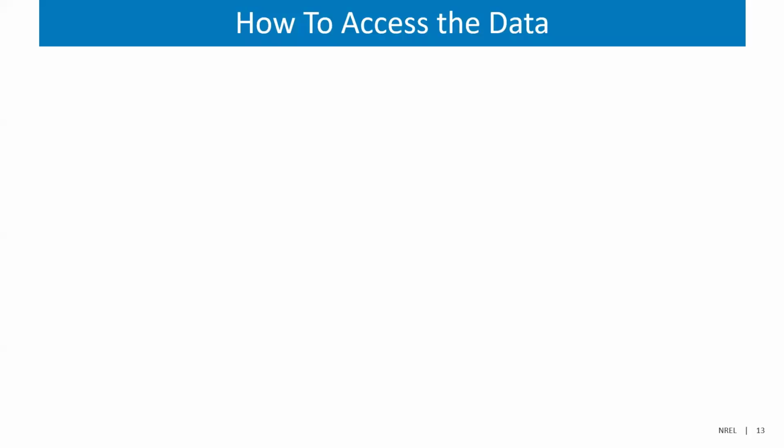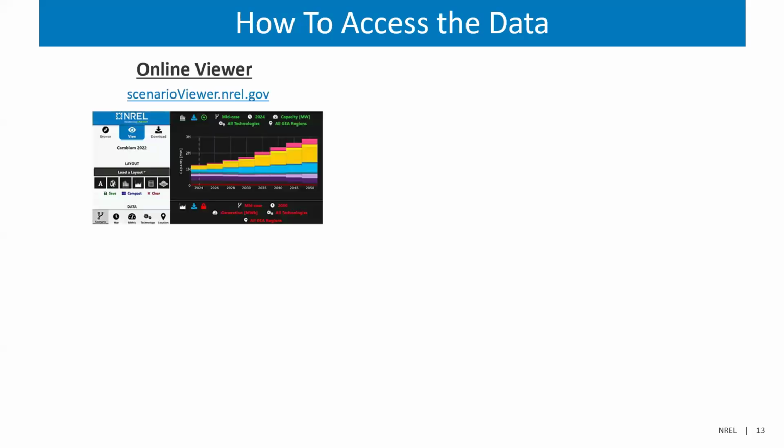Now I'm going to talk a little bit about how to access the data. There are several different ways. So first one, there's an online viewer, scenarioviewer.nrel.gov. If you go there, the scenario viewer doesn't only have the Cambium data on it. There's a list of other projects.